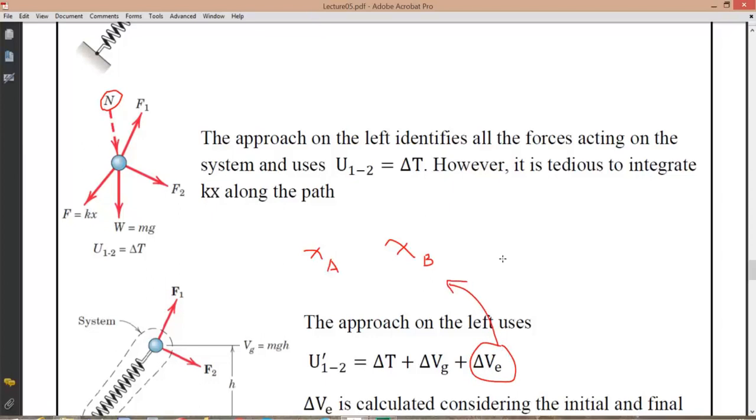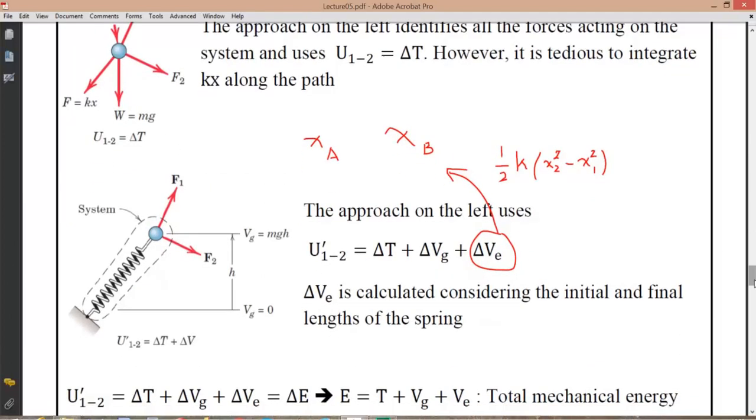And you can write out 1 over 2 K, K being the spring constant, x2 squared minus x1 squared. And that will be the change in the potential energy due to the elastic material here, which is the spring.